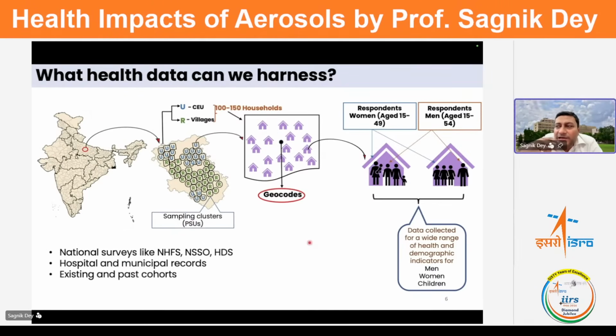As I said, we exploited a lot the secondary health data like National Family Health Survey. These are the government surveys where in every district of India, urban and rural clusters are randomly selected. And then within each cluster, again randomly 100 to 150 households are chosen.